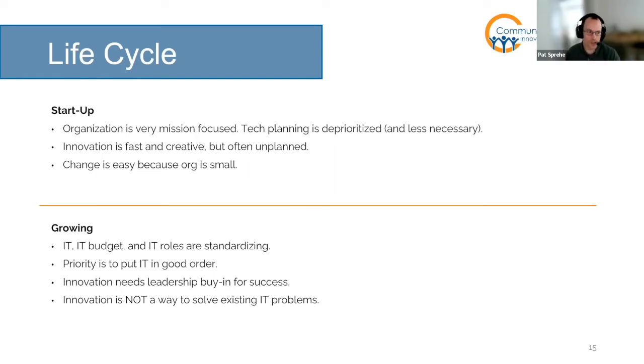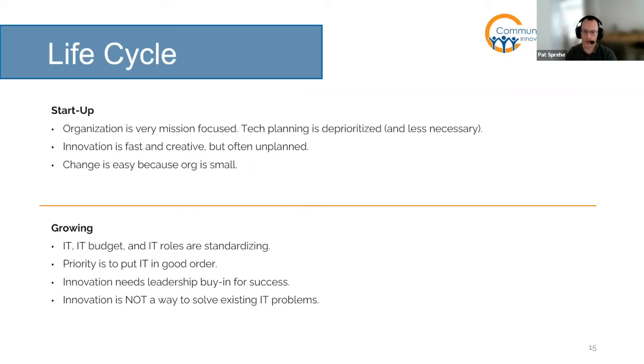One of the things Sarah mentioned, talking about culture, is that you want leadership that sees IT as an integral business function, that doesn't see IT necessarily as a cost, but as an investment that has a return. In order to innovate at this step, you need more than just somebody doing something. You need leadership to have buy-in. So leadership needs to be either encouraging or championing innovation in technology.